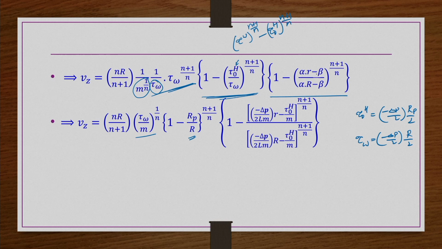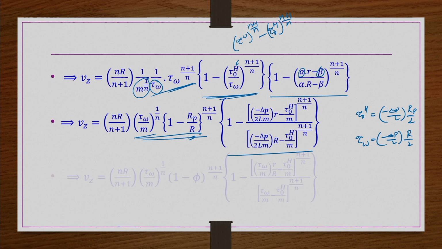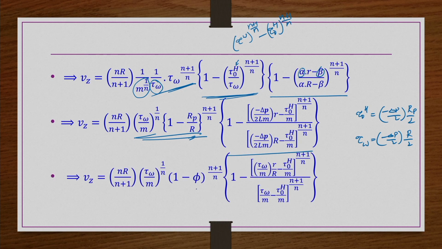Now, since this term is simplified, we concentrate on the next term. In the next term, again we are substituting the values of alpha and beta. So, then we have these terms, right. Here, in place of R p by R, we have written phi. Like previously, wherever minus delta p by L, capital R by 2 is there, we write tau w.